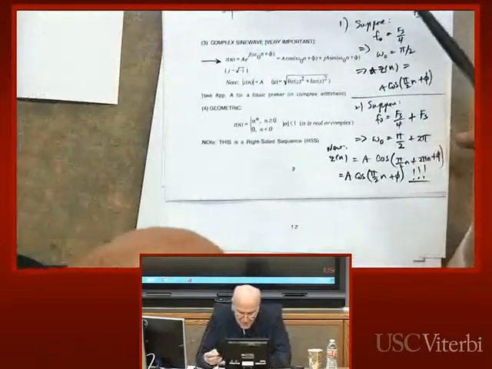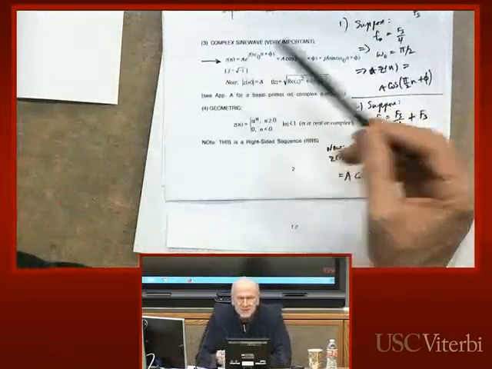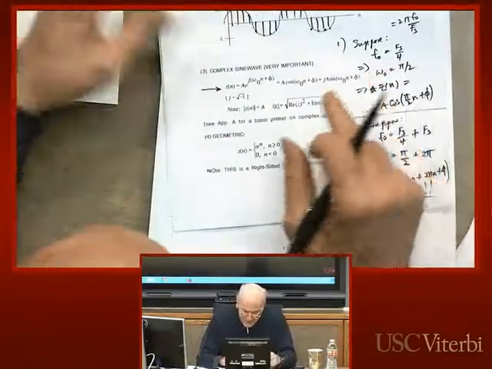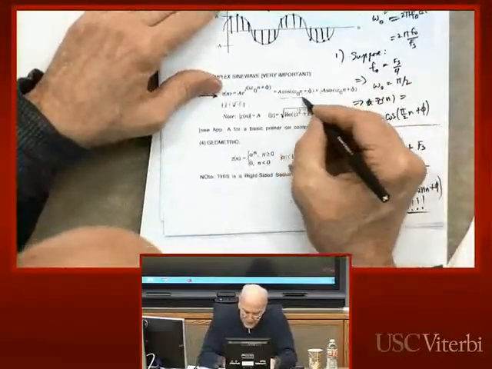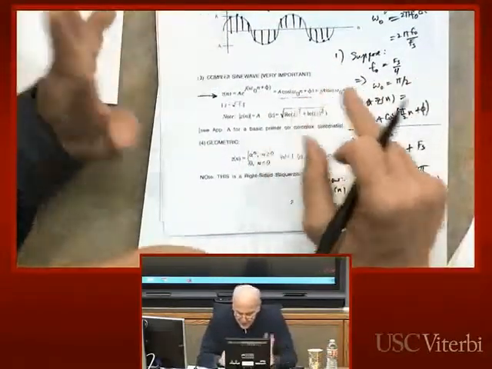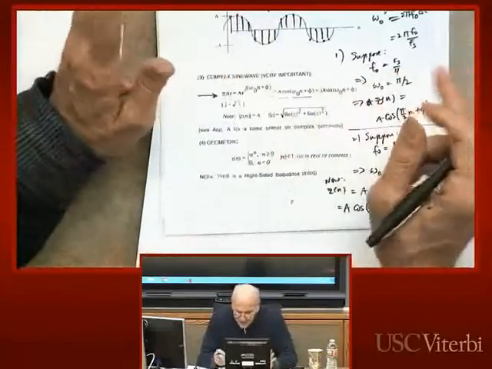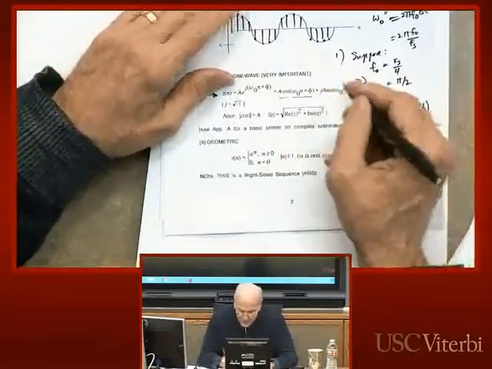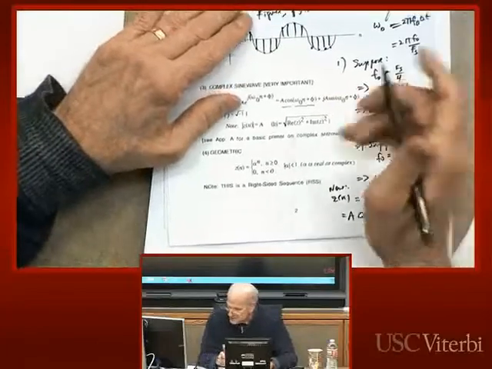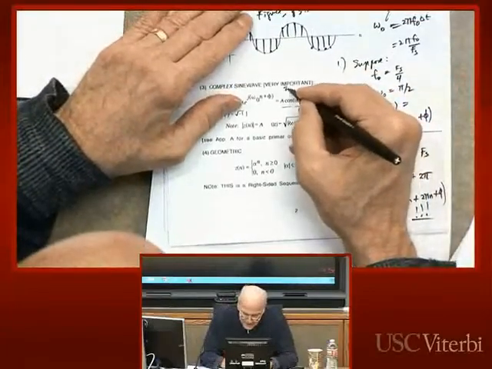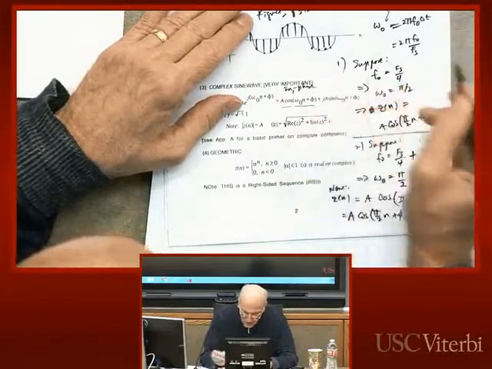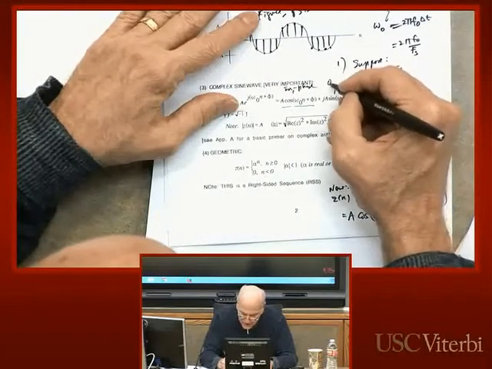So anyway, this is the complex version of the sine wave, and by the Euler identity, it can be written as a real sine wave, discrete, plus an imaginary sine wave, the imaginary part. Sometimes this is called the in phase for you hardware folks, and this is called the quadrature.